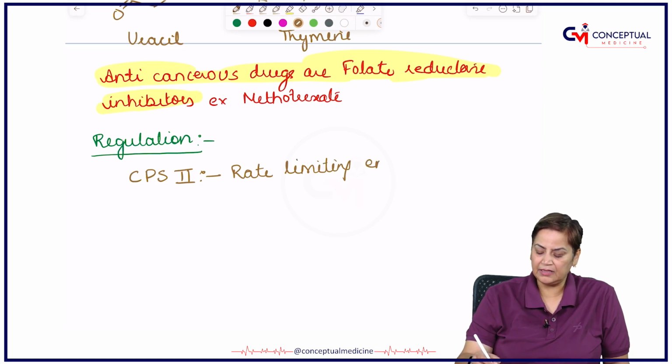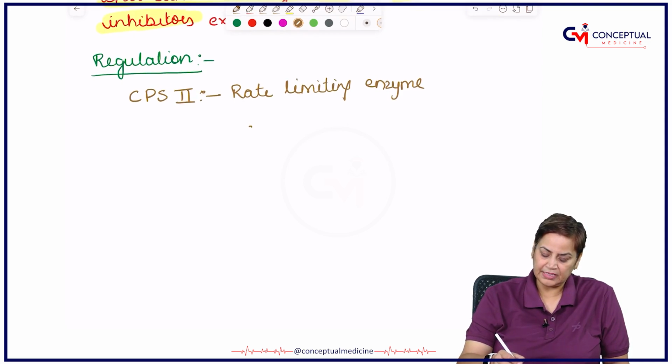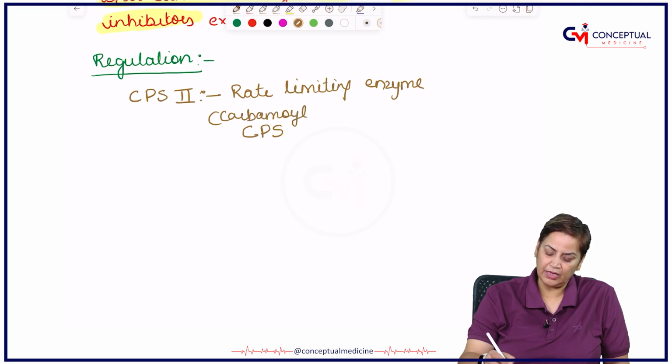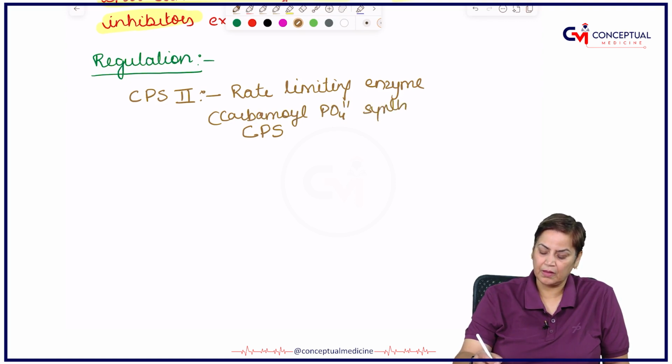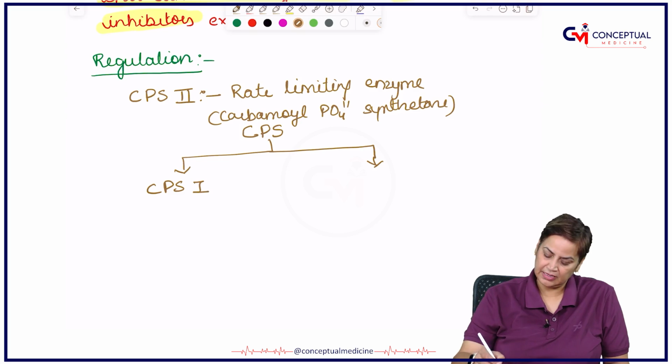Basically CPS, which stands for carbamoyl phosphate synthetase, exists in two forms. One is CPS I, another is CPS II.